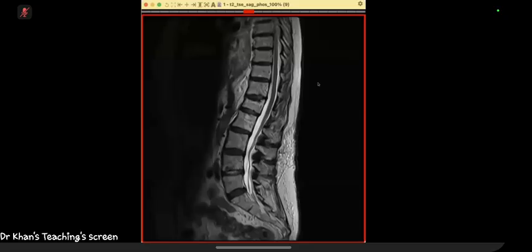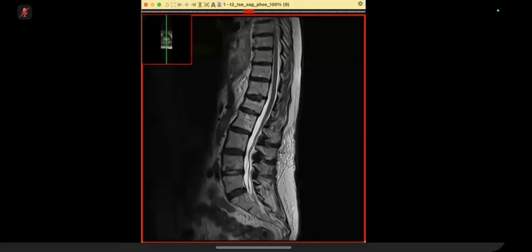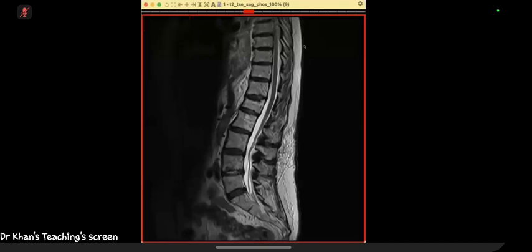Over to you. Okay. I'm presented by a sagittal MRI examination of the lumbosacral spine. This is a mid-sagittal view. I can see that the lumbar lordotic curve is maintained. I can see there is some degenerative disc changes.